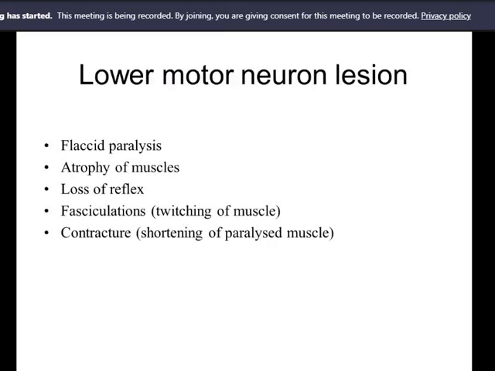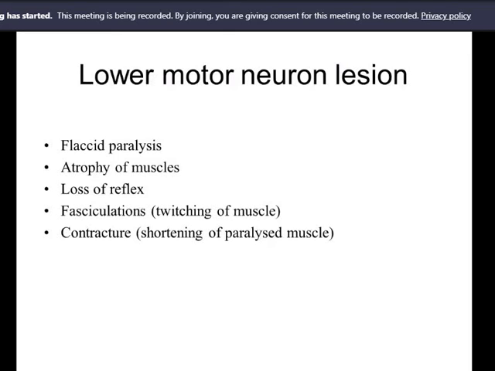Suppose there is no student in the class, teacher is there. Will there be class? No, there will be no class. Just like that, if the lower motor neuron is lesioned, there will be flaccid paralysis, no muscle activity, no contraction of the muscle will occur. So naturally, atrophy of the muscle will be there.